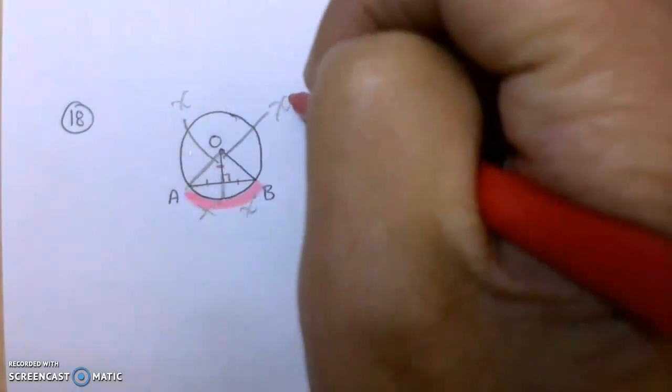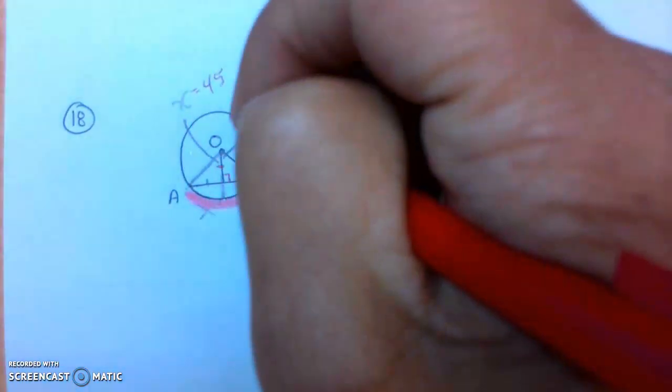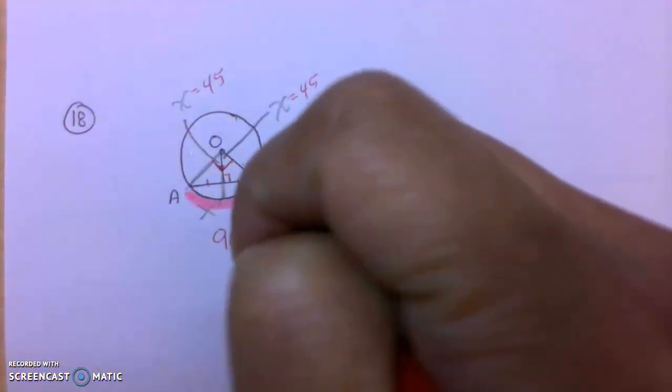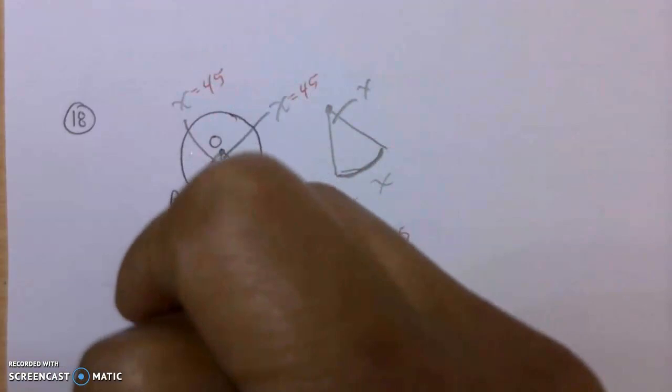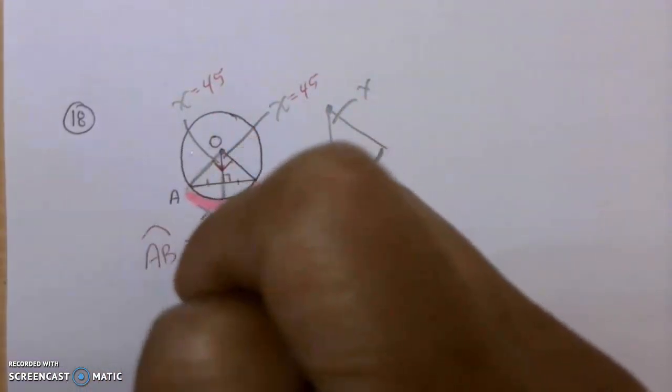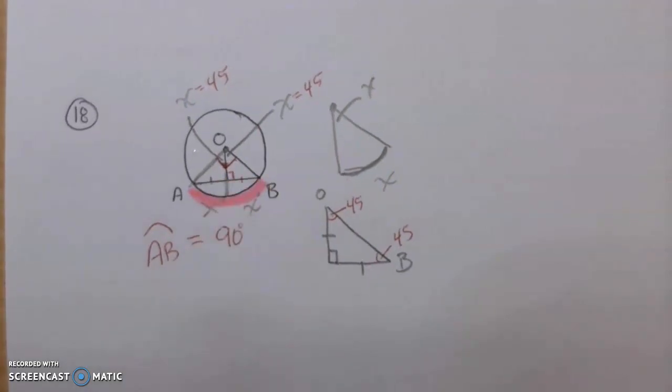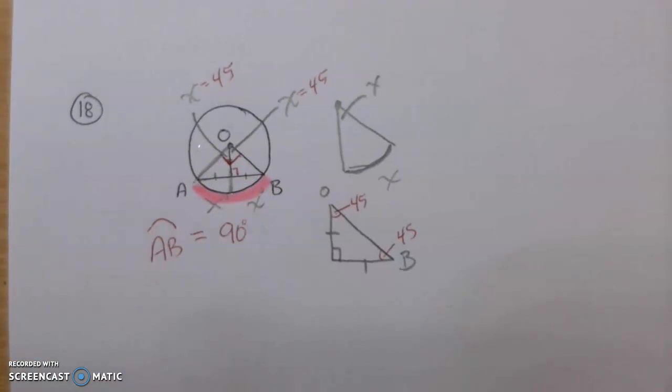So this is 45 degrees, this is 45 degrees, which makes it 90 degrees in the middle. And that also makes this entire pink arc 90 degrees. So AB is 90 degrees because we have a 45, 45, 90 degree triangle. The angles inside match the arc.